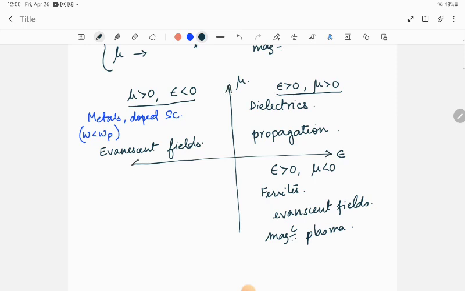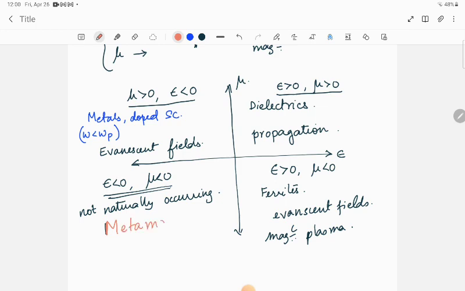So we are left with the fourth quadrant. The fourth quadrant will have both of these negative. Epsilon is less than 0 and mu is also less than 0, both of them are negative. This is a very special case, and this is not naturally occurring. So far we have not found any material in any frequency regime where both of these are negative. So these are not naturally occurring systems. So one has to make them, and this is where we have our metamaterials.